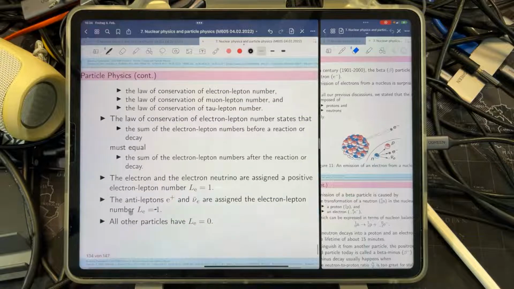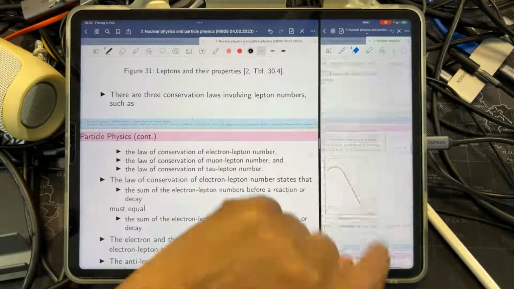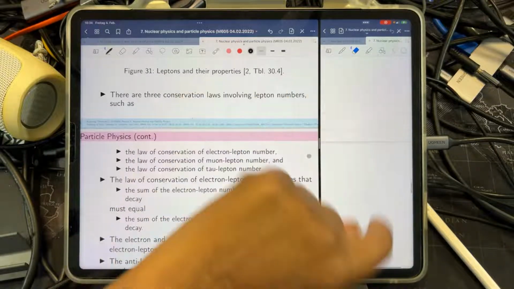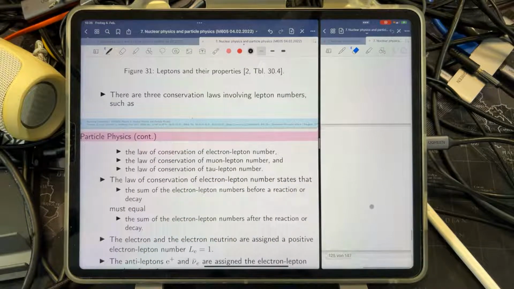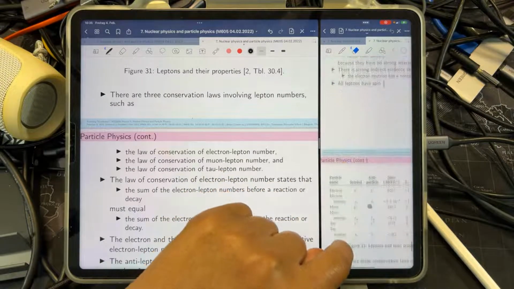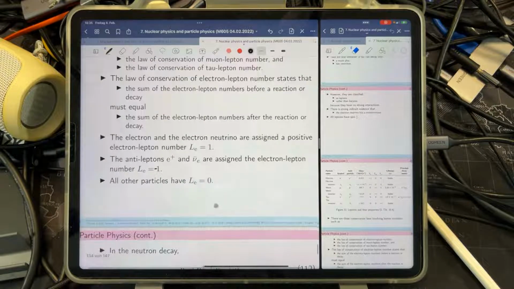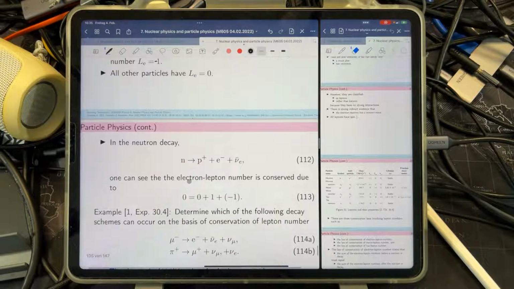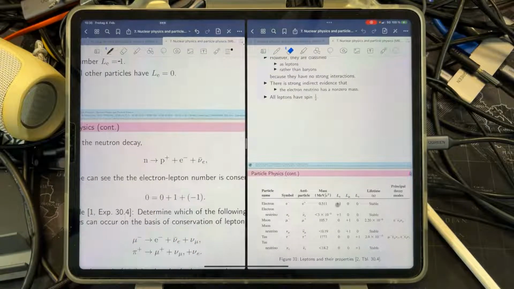Let's check the electron-lepton number. If you go back to the table, to this figure 31, which provides the electron-lepton number, right?